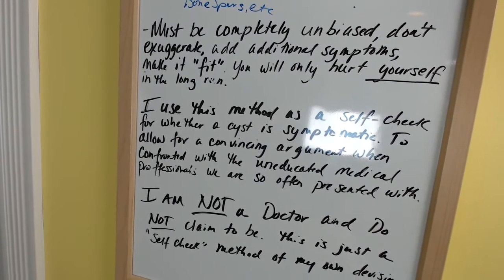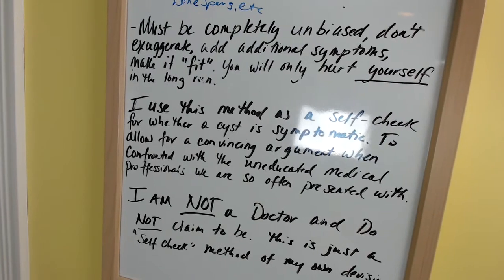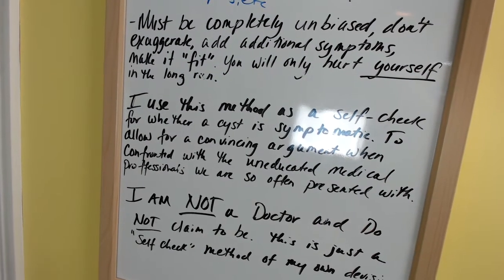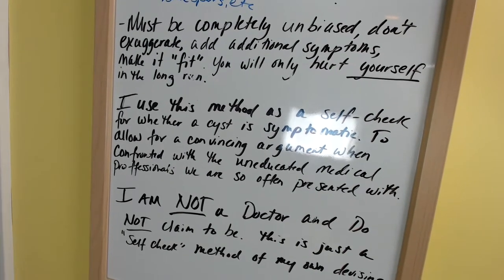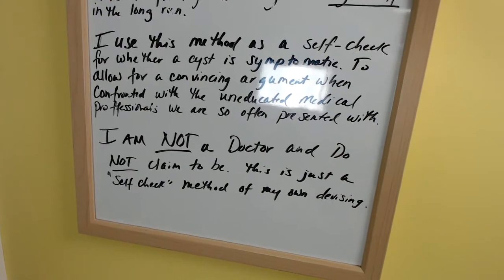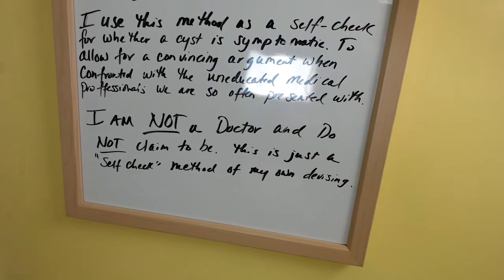This must be a completely unbiased look at where your pain is and where your numbness is, because you're only going to hurt yourself in the long run if you convince yourself you have a symptomatic cyst.